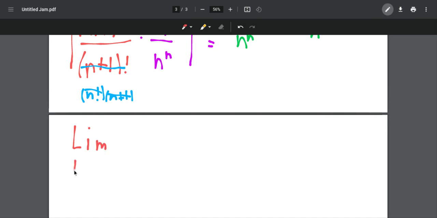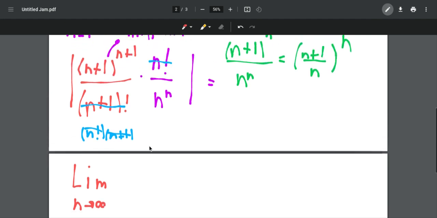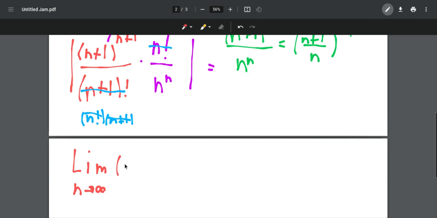So for my final step, I should take the limit as n approaches infinity of n plus 1 over n all to the power of n.